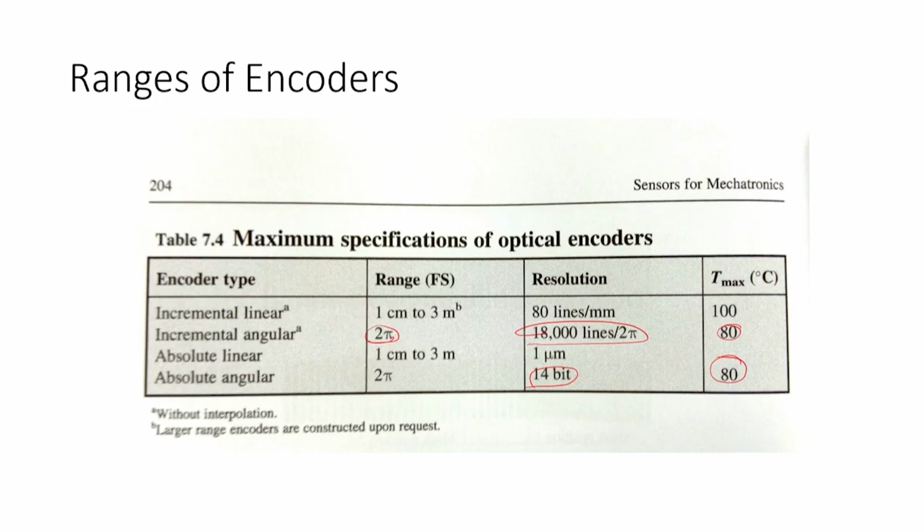The incremental linear systems work for a slightly higher temperature, and their scanning line for incremental linear is 80 lines per millimeter, whereas absolute linear can measure an absolute distance of 1 micrometer. That is the minimum size it can do, for certain varieties of optical encoder system.